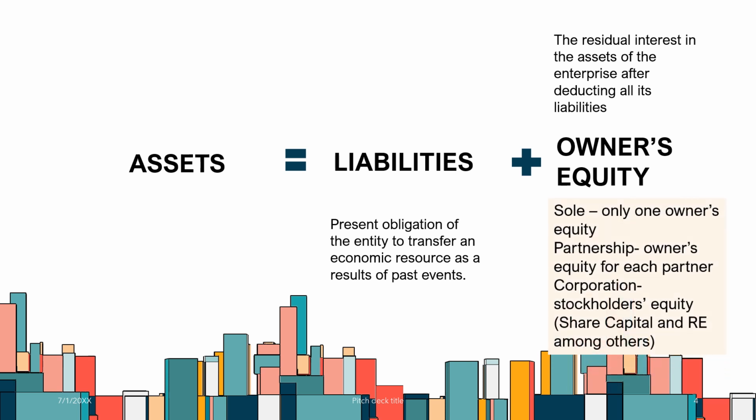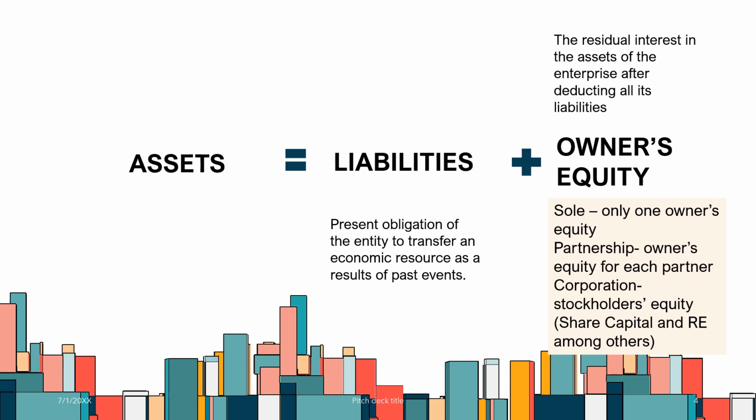The presentation of owner's equity in the financial statements, particularly in the statement of financial position or balance sheet, depends on the form of business organization. For sole proprietorship, you have to remember that there is only one owner's equity that should appear in the statement of financial position. For partnership, the owner's equity should reflect the equity for each partner.